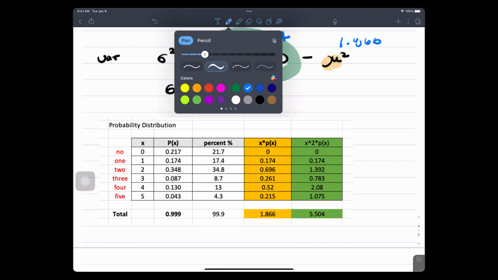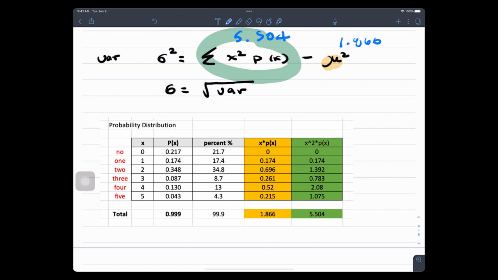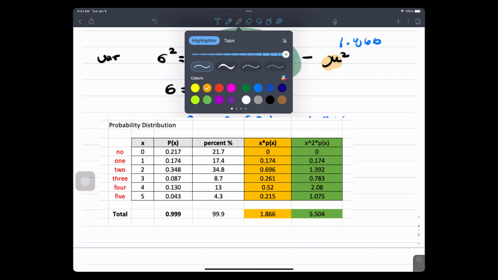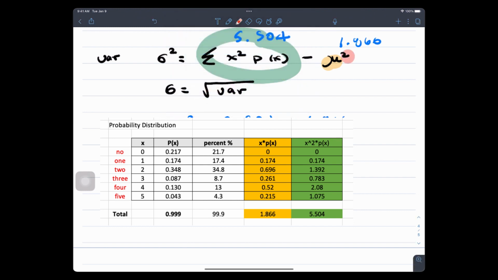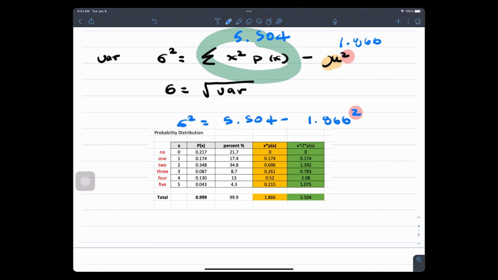So what you'll get here now is this. Sigma squared will be what? 5.504 minus 1.866. And we're going to do what with that power? We're going to square that. That's going to be power 2. All right. What is this number going to give you? Oops.